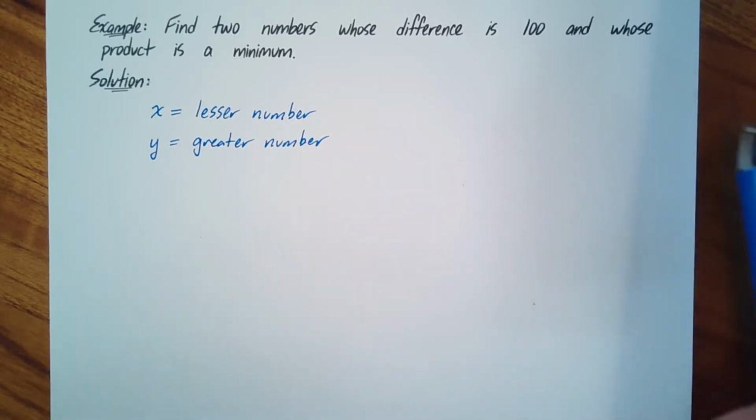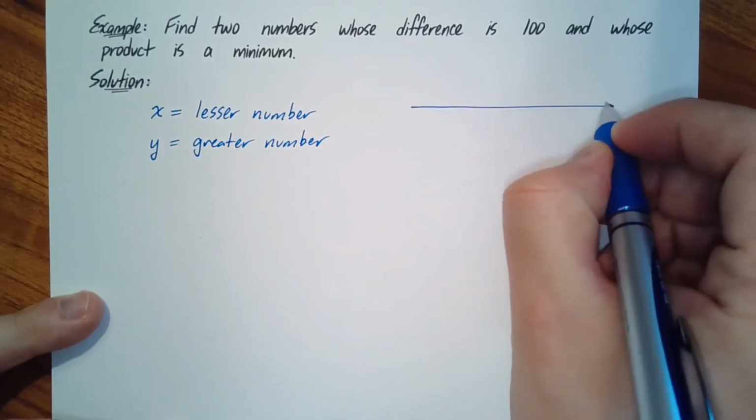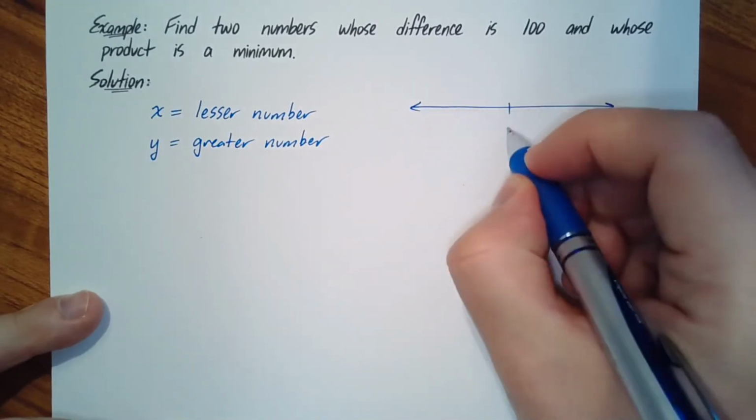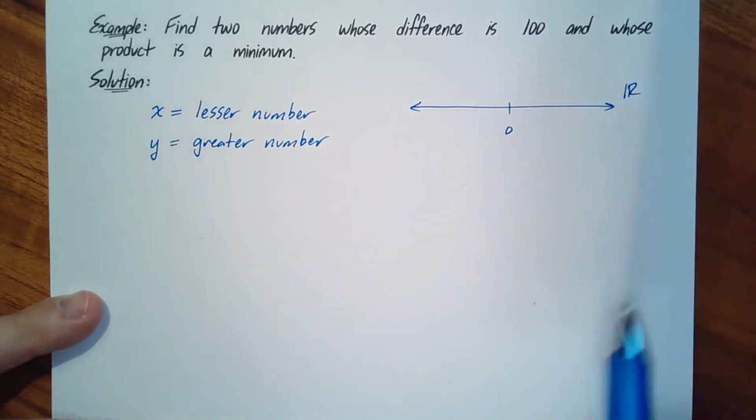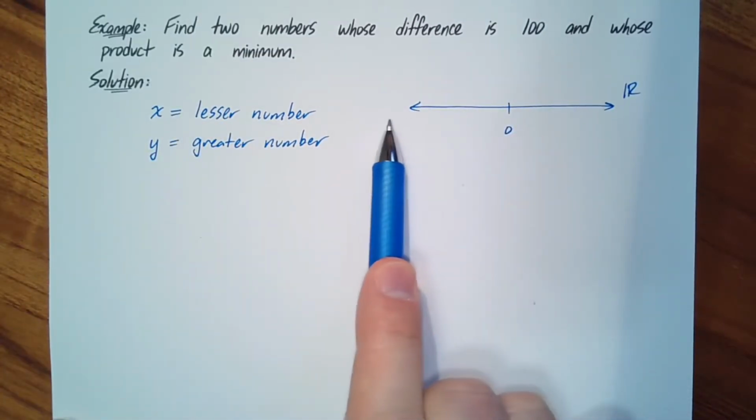And we want also the product to be minimized. And let me just remind you about the number line here. If you've got the number line, minimized in this context means moved as far in this direction as you possibly can.